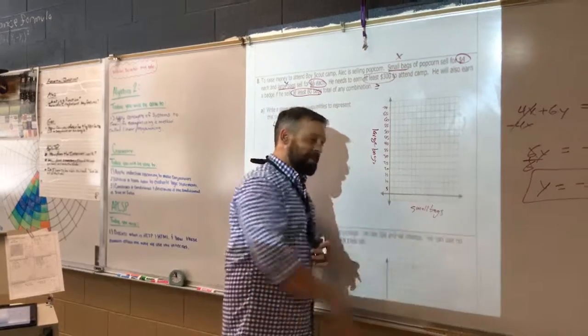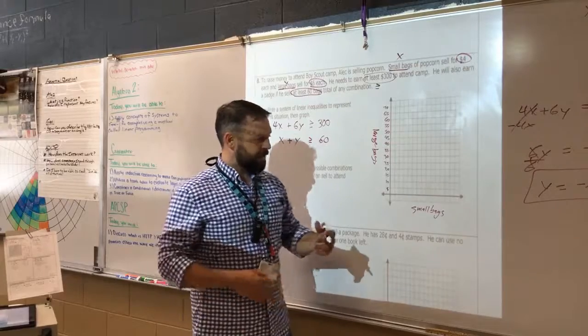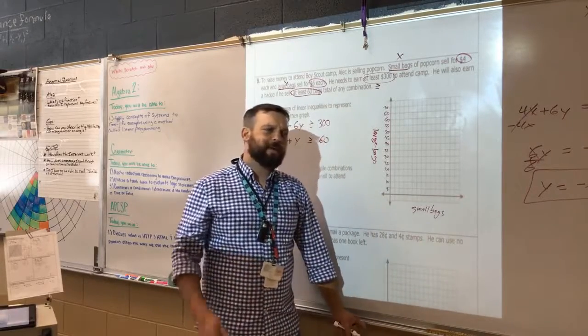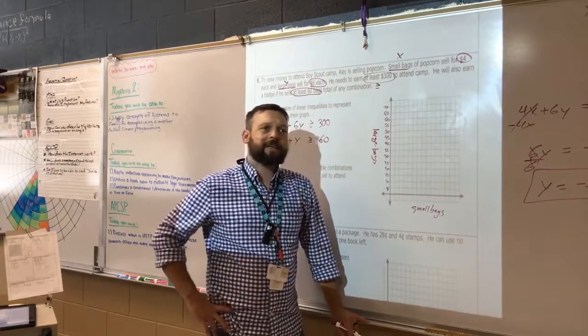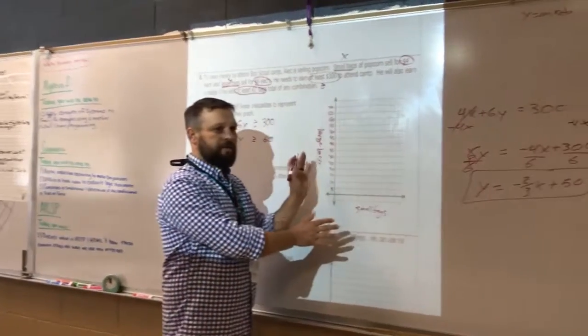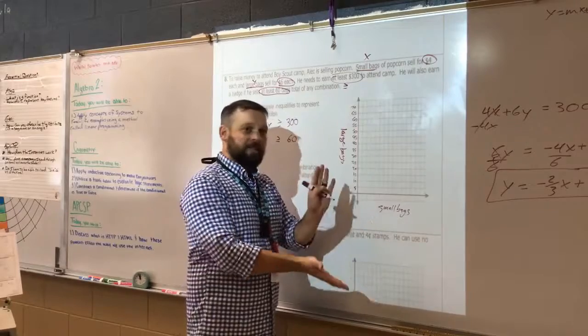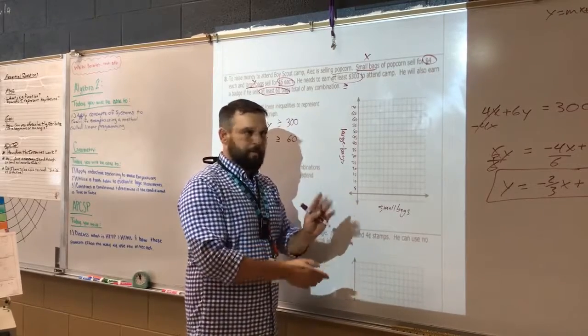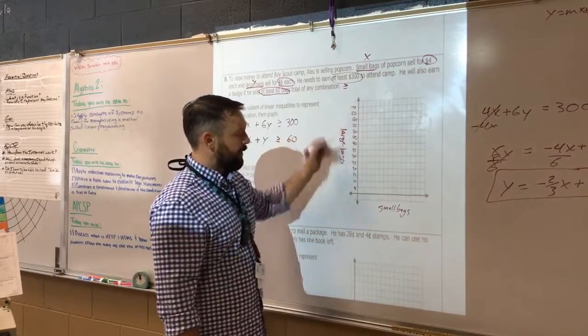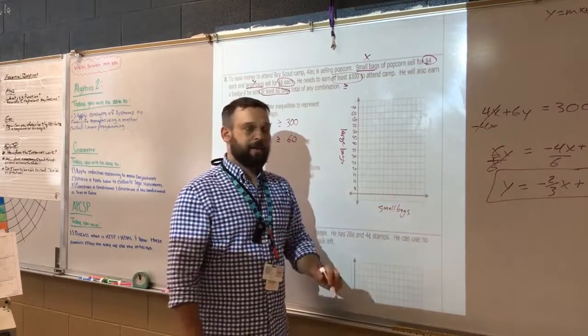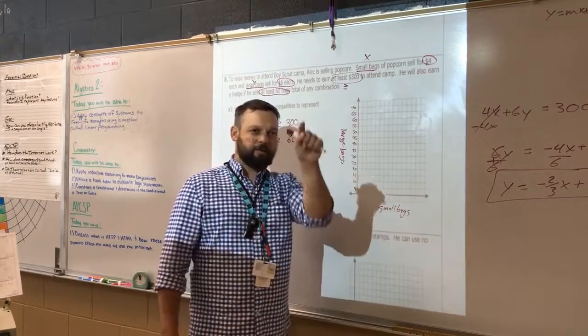Alright, so our small bags. There's really not a set scale that you have to use for this one, but I'll give you this hint. When you're graphing, it's better if your scales can be 1-to-1. What I mean by that is, since I'm going up by 5s here, I go up by 5s here. That makes it easier when you're counting your slope.